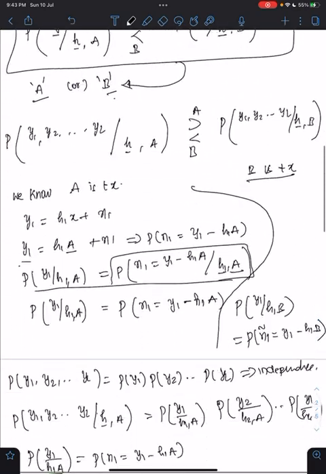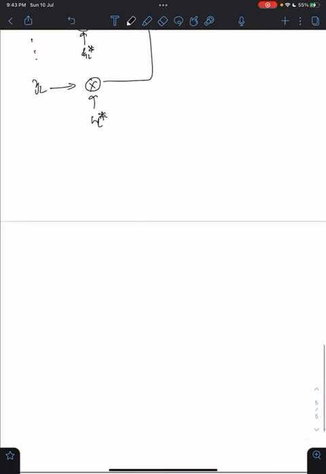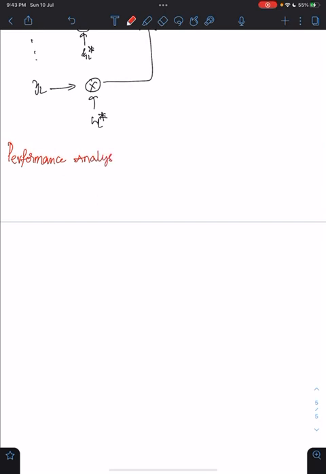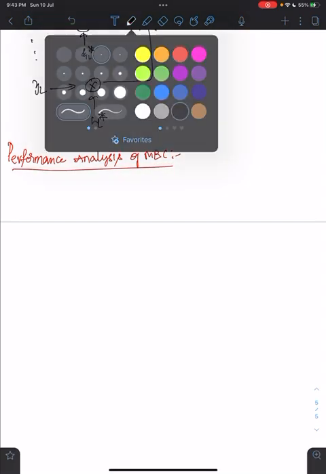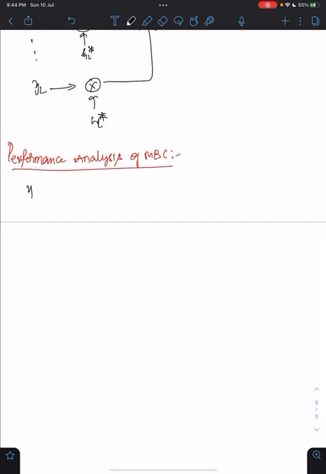Performance analysis of MRC. So y1 equals h1 x plus n1, y2 equals h2 x plus n2, and so on, yL equals hL x plus nL.